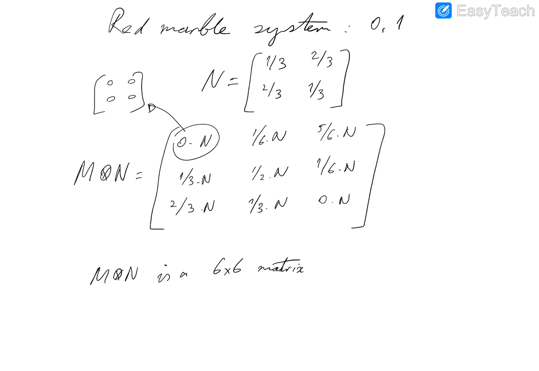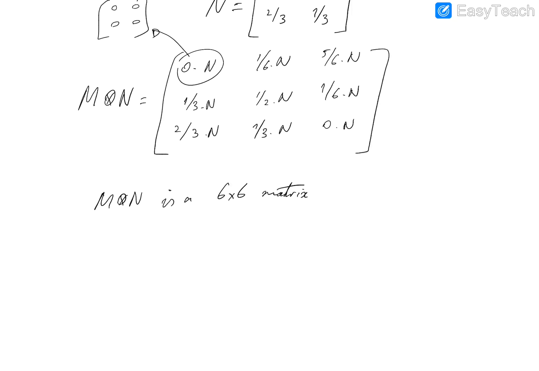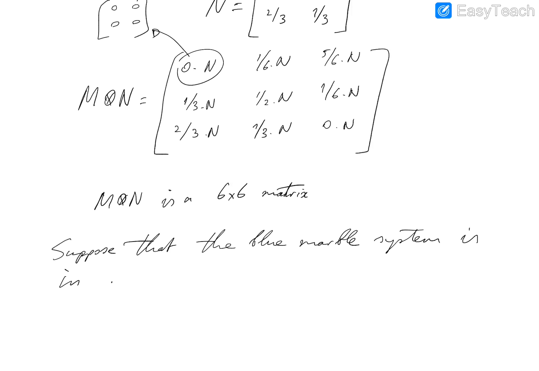So what about the state of a combined system? Now let's suppose that the blue marble system is in state B, let's say 1 over 3, 1 over 3, 1 over 3.